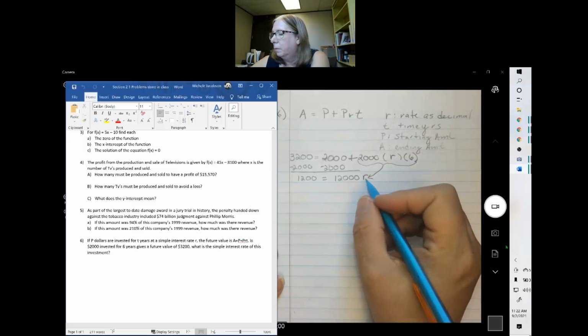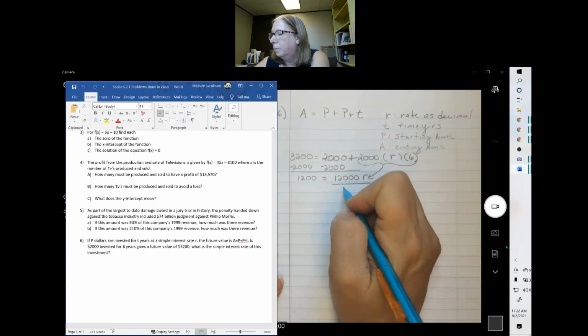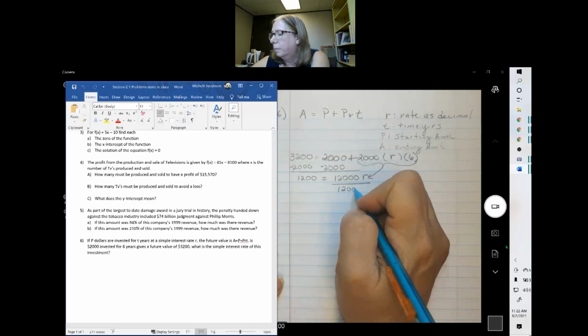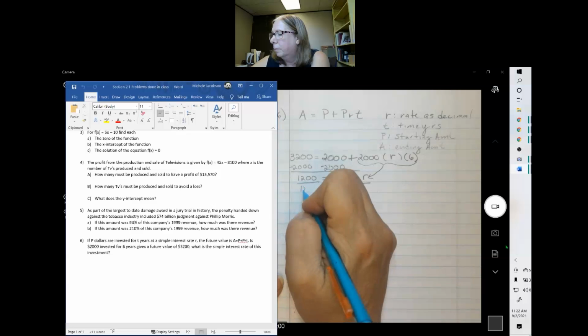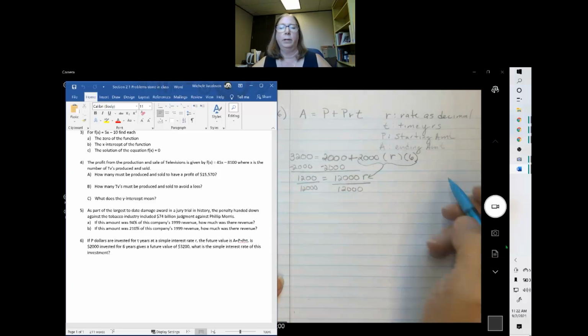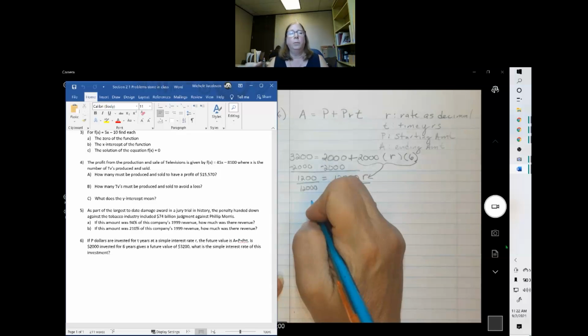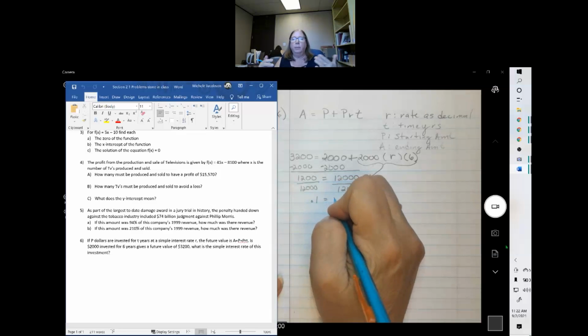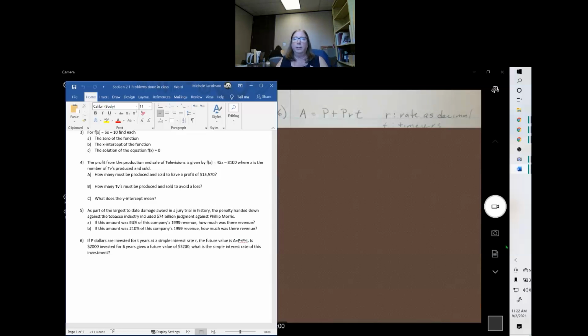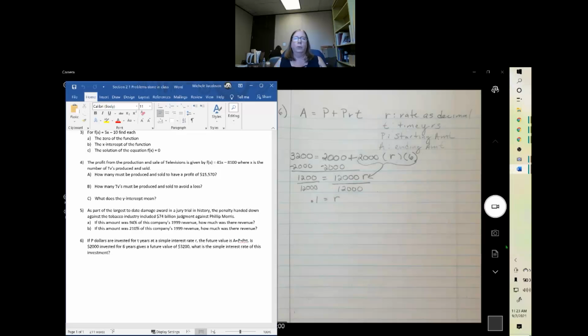We're solving for R, so we'll divide by the 12,000. So we get R equals 0.1. Now you want to be careful how they want the answer. If they want the rate, sometimes they'll ask for it as a decimal or they'll ask for the percent.